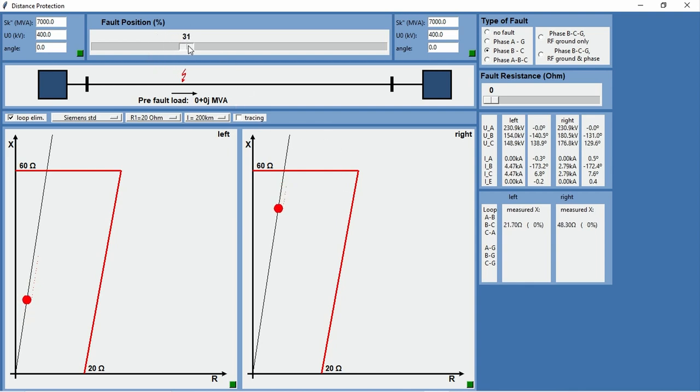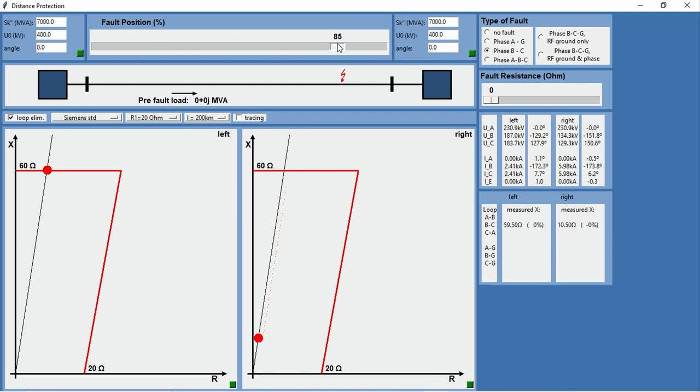And if we have a fault at 80, 81, you see here a fault at 85%, without any measurement errors, so this simulation runs without measurement errors, then we are exactly at the limit.